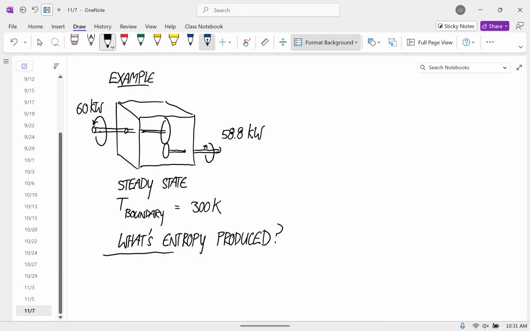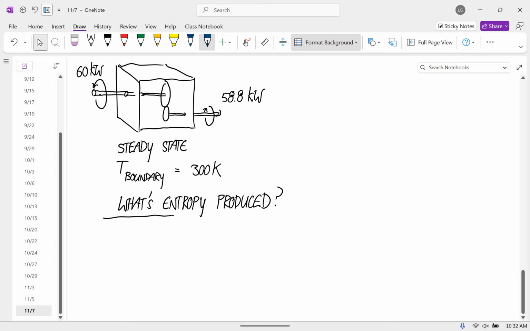Well, to calculate the entropy produced, we need to figure out the heat transfer. So we'll start with the first law to figure out the heat transfer.